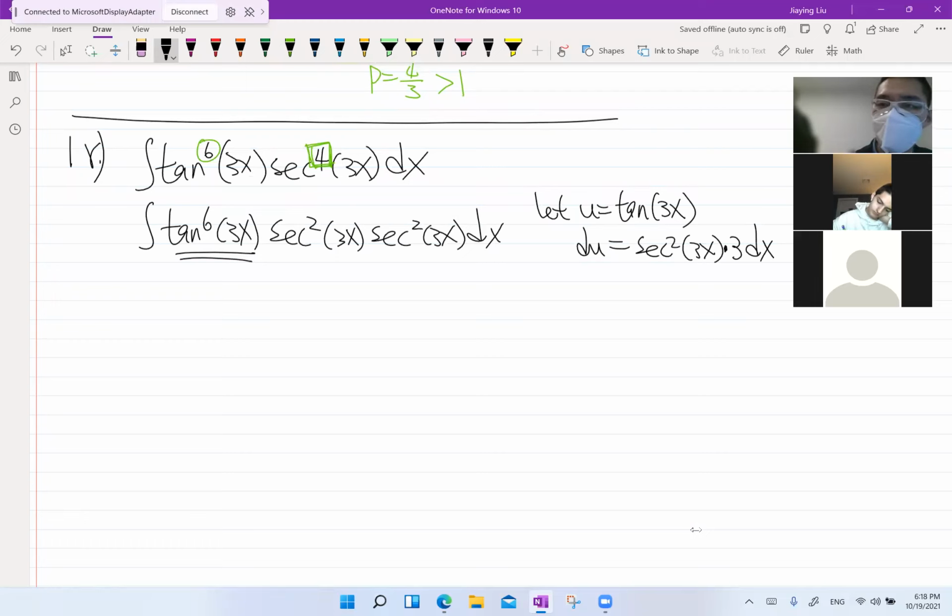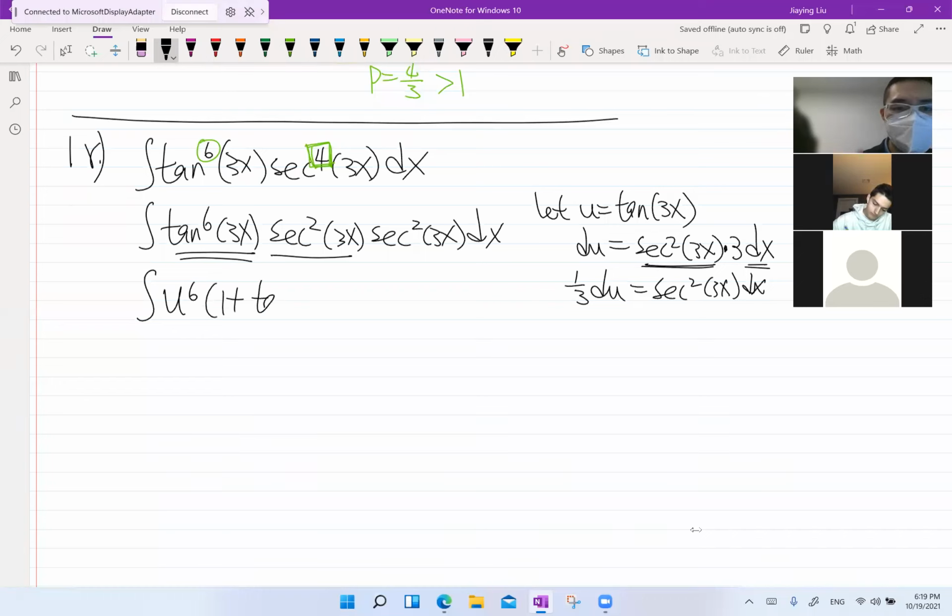From there, I can either solve for dx or solve for secant squared 3x dx by moving the 3 to the left. So I get 1/3 du equals secant squared 3x dx. Substitute in there. So I get the integral of u to the 6th power. And what about the secant squared in the middle? You can leave it now, or you can rewrite it using 1 plus tangent squared 3x.